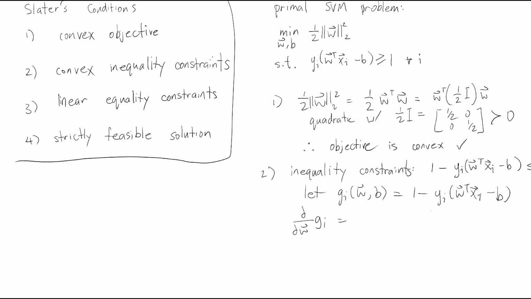When we take the gradient with respect to W, the first term is 1 and the last term is minus yi times minus b. Both of those terms do not depend on W. The middle term is yi W transpose xi, so that one depends on W. It is linear in W, and the coefficient is just going to be minus yi xi.